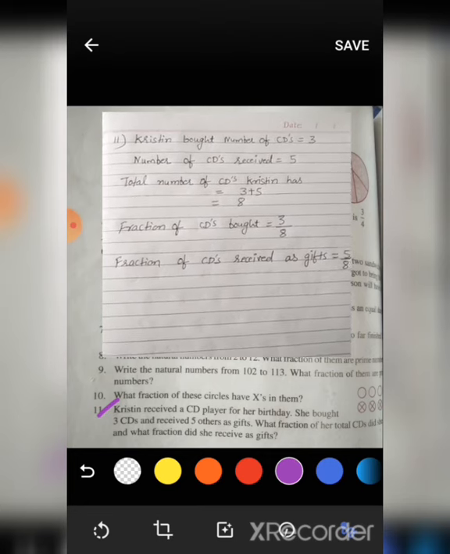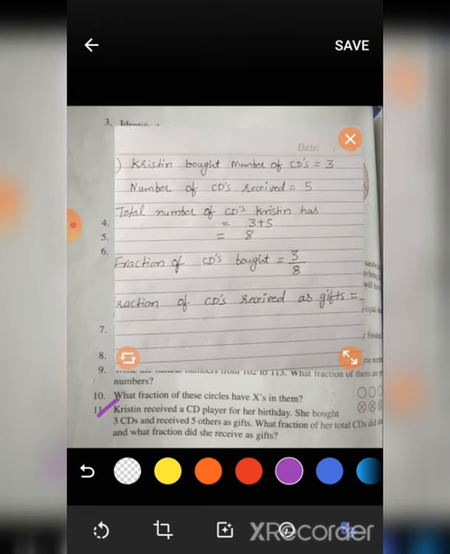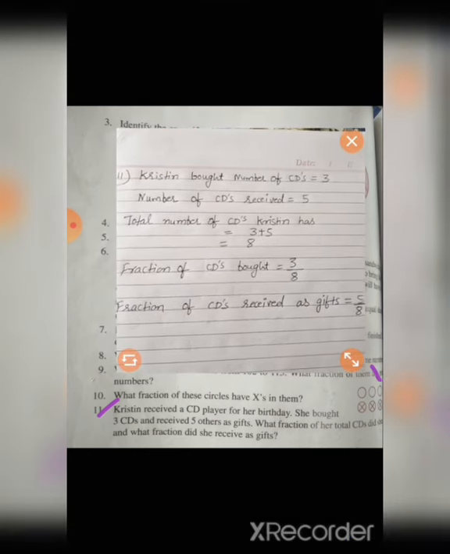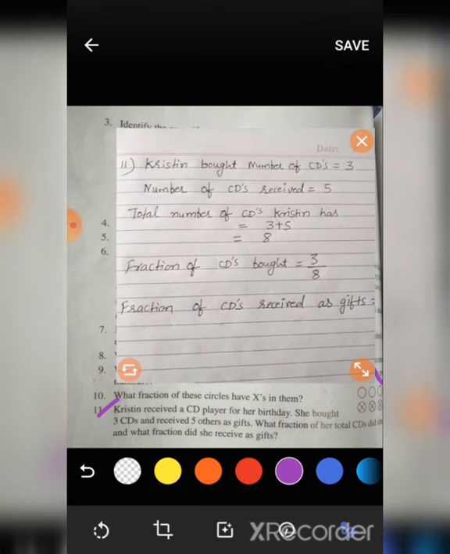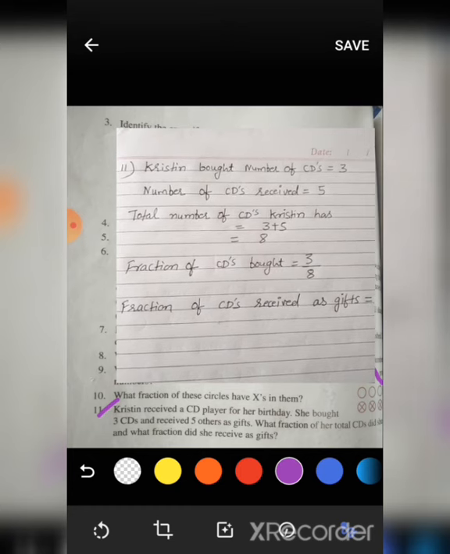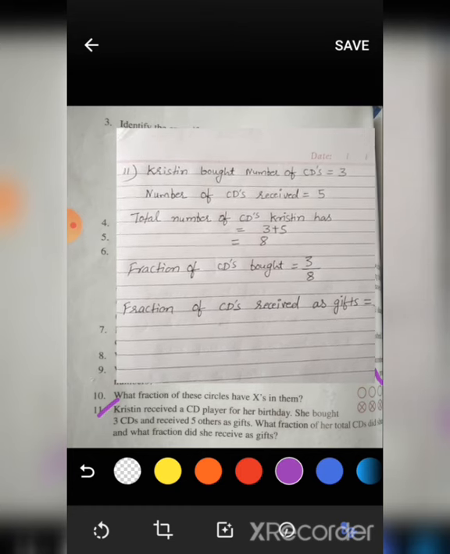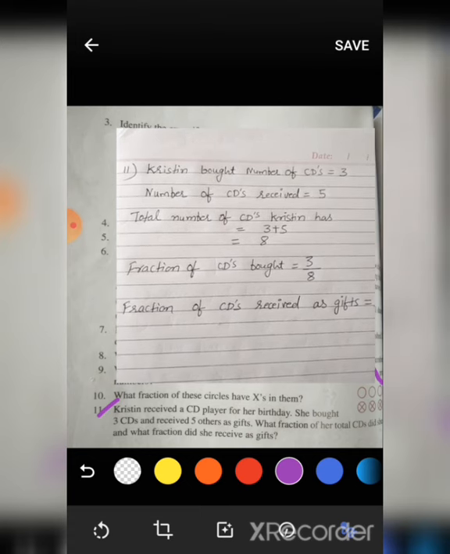So how will you write this question? You will write like this. The first statement is: Christian bought number of CDs equal to 3, and number of CDs received equal to 5. So the total number of CDs Christian has: for getting the total, she has to add both, 3 plus 5 is equal to 8. Now write the fractions.